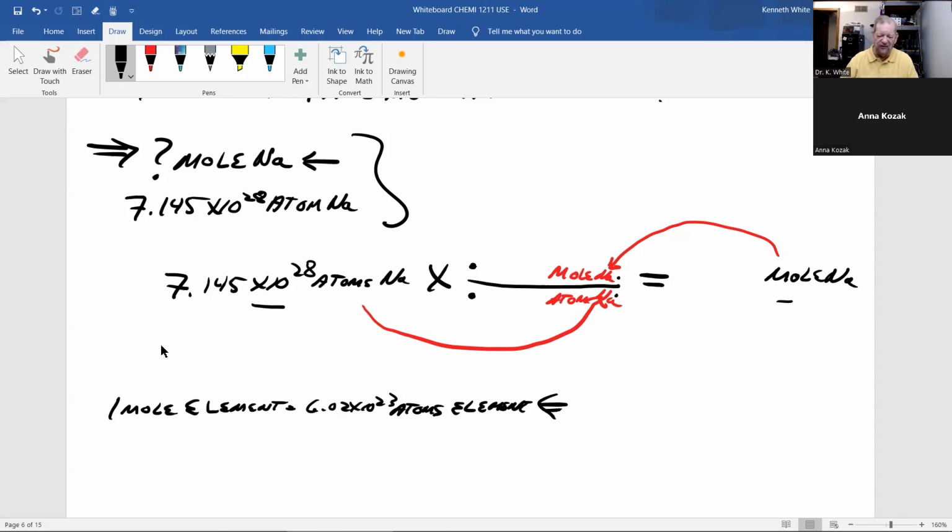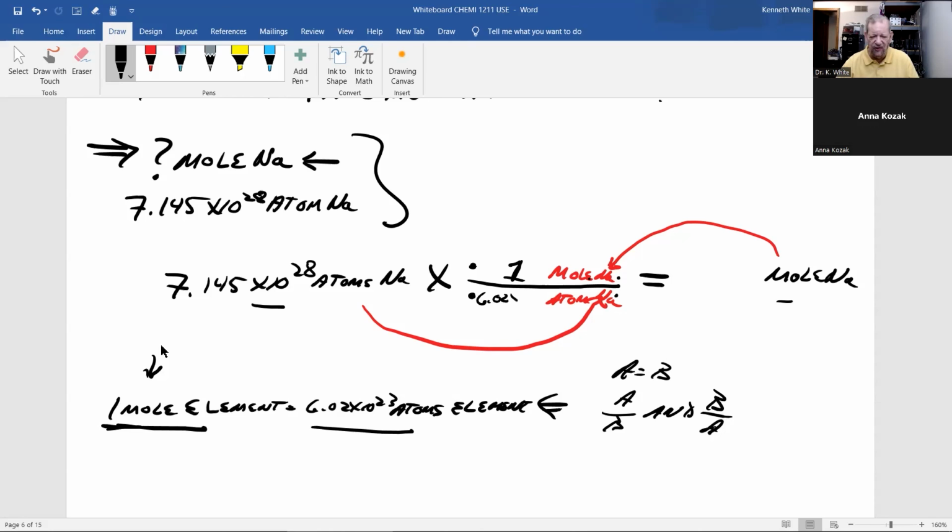All right, looks like everybody's done. And where do we find this ratio? Remember, if A equals B, you have two ratios, A divided by B and B divided by A. And here's my equal, two things equal each other. And for every 1 mole, where do I get that 1? Right here. There's how many atoms? 6.02 times 10 to the 23rd.